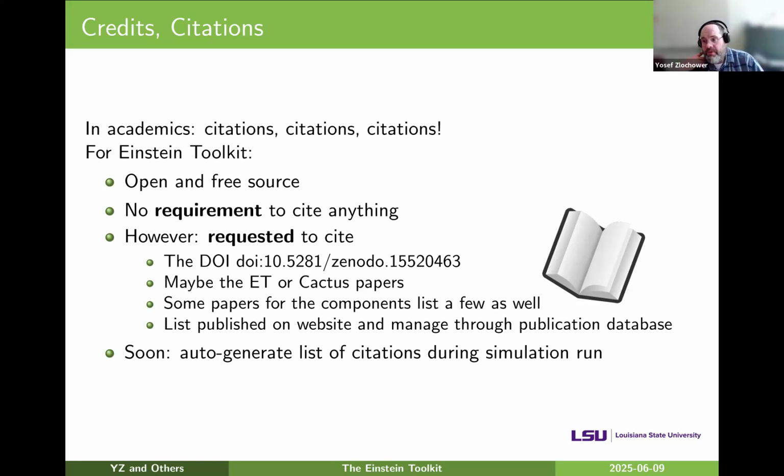There's also a list of papers, and you can find that information on the Einstein Toolkit website. So if you're using particular codes in your simulations, you can refer to that web page to see exactly which papers the authors have requested that you cite.